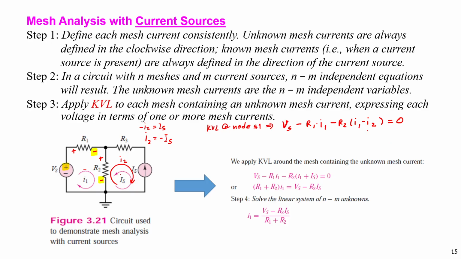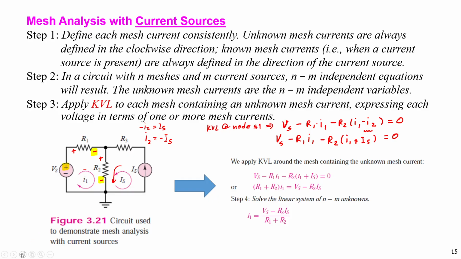But in this case, we know I2, that is the negative Is. We know this current, so we don't need to solve for I2, and we can use Vs minus R1 into I1 minus R2 into (I1 minus I2) is plus Is equals 0 here. This is I1 and this is Is in the same direction, so it's plus together.